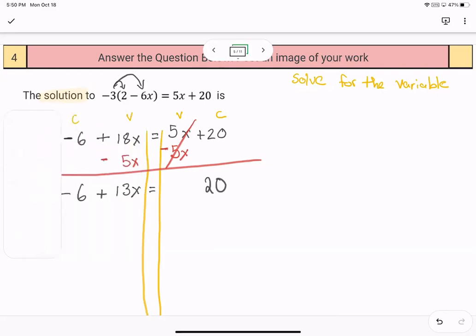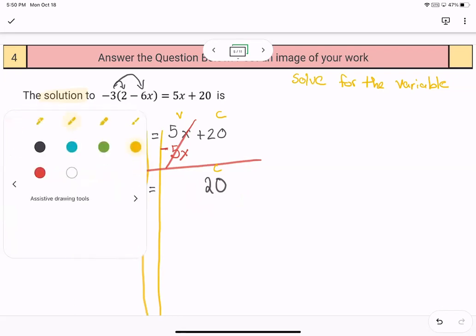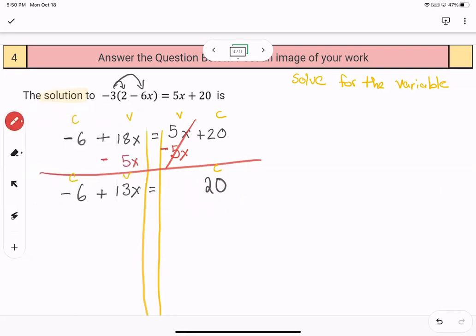Now, if I want to relabel my terms, I can. This is my constant, this is my variable, and this is my constant. Now I have all the variable terms on the left side. Now I want to get all the constant terms to the right side. So since I want this -6 to go on the other side of the equation, I'm going to add 6 to both sides.